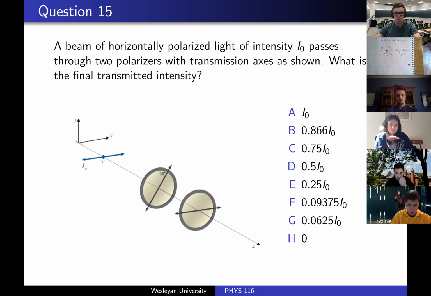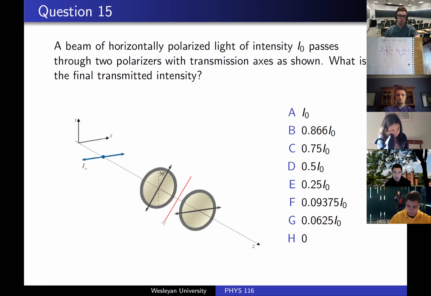So the idea is when it passes through the first polarizer, the angle between the polarization and the transmission axis is 60 degrees. And so the transmitted light will drop by cosine squared 60 and will come out of this first polarizer with polarization along this 30-degree angle.